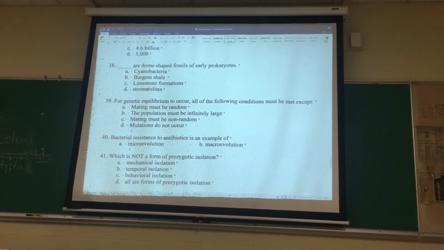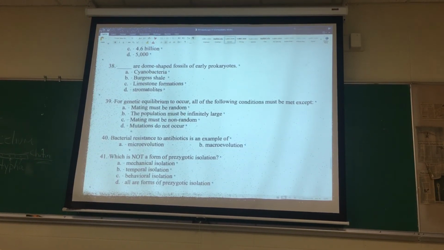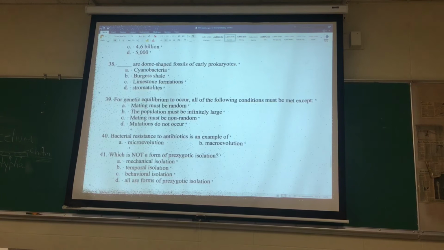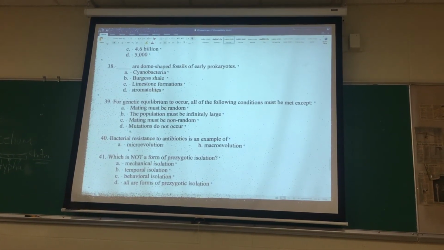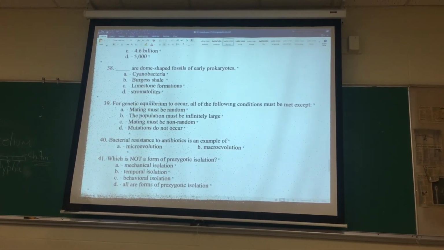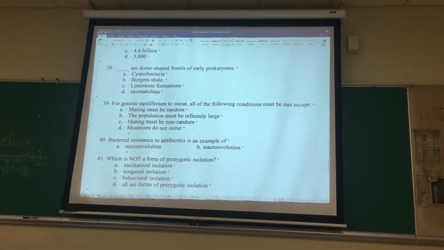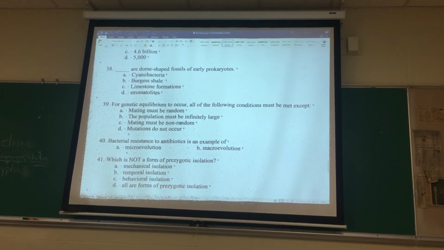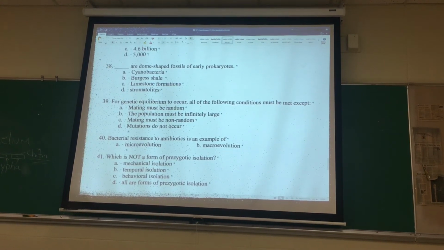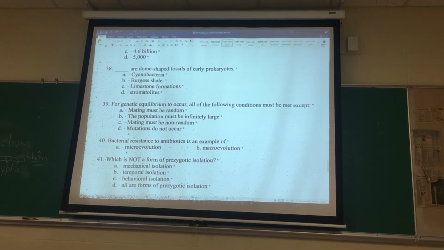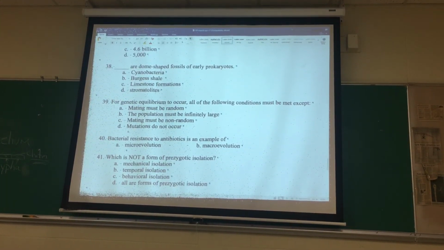Okay, for genetic equilibrium to occur, this was kind of easy because it's either this or this. And so for genetic equilibrium, mating must be random. Bacterial resistance to antibiotics is an example of microevolution.